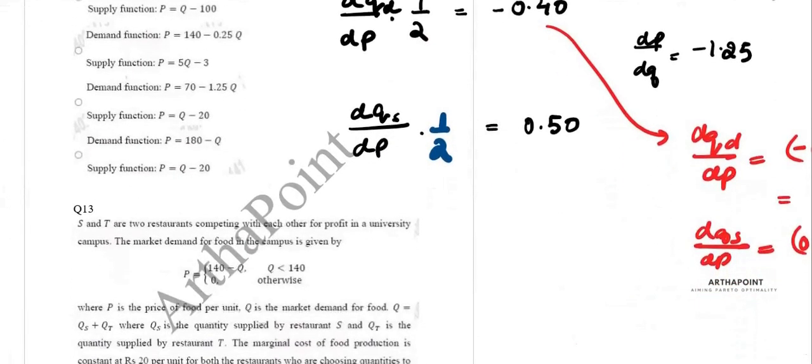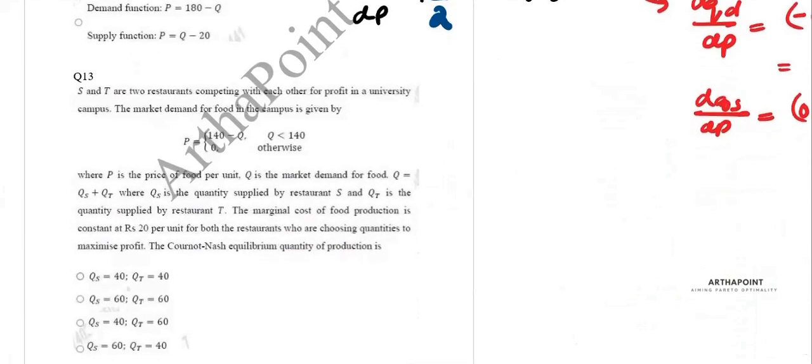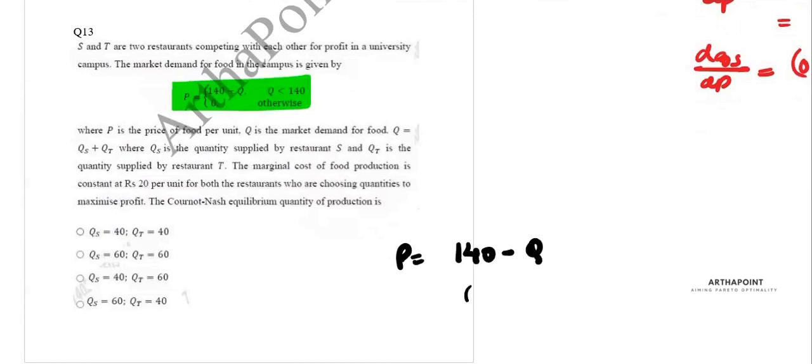Okay. Now let's take the next question. S and T are two restaurants, and this says that they're competing with each other for profit. In a university campus, the market demand for food is given by this equation. We have P is equal to 140 minus Q, and 0 otherwise.